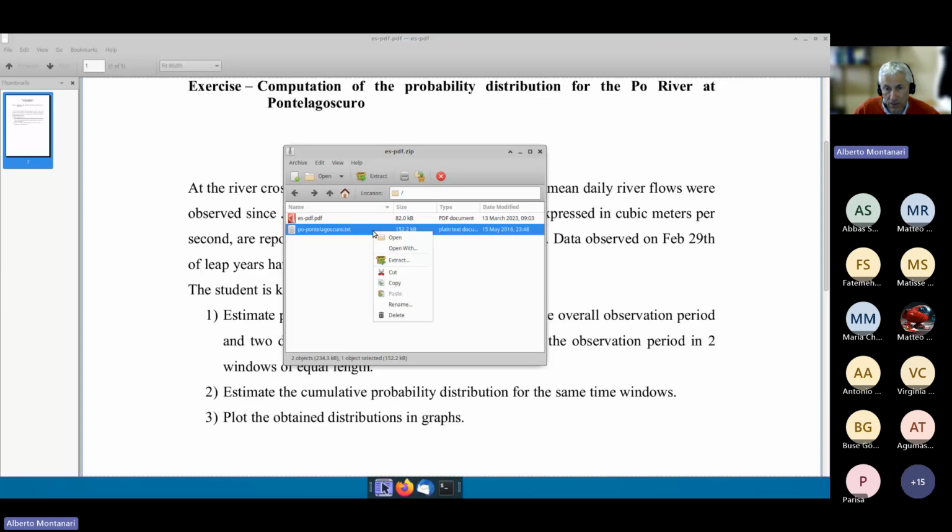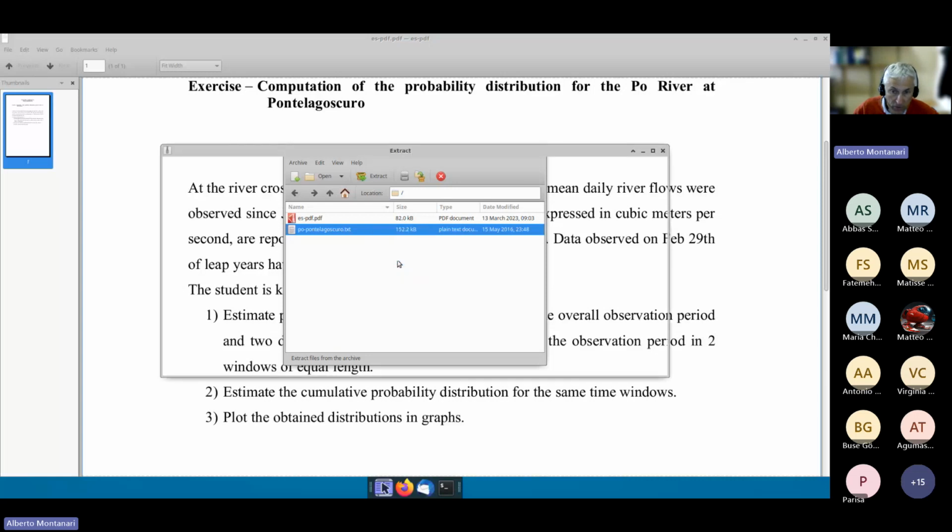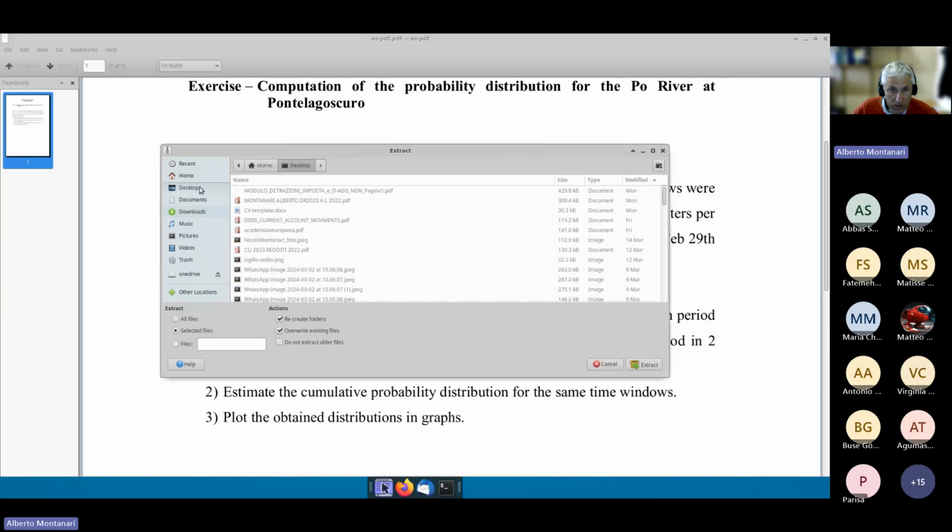I right-click over the zip file, extract. In Windows the procedure is very similar, but maybe slightly different because I am using a different operating system. Be careful of putting it on the desktop. So I'm putting it on my desktop, extract.